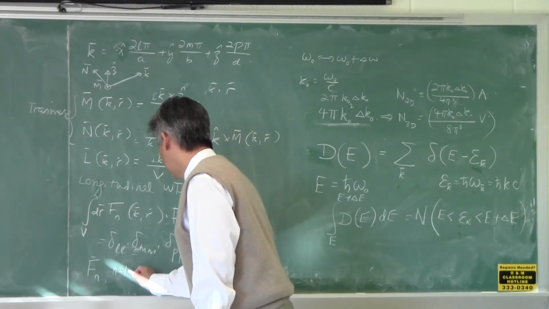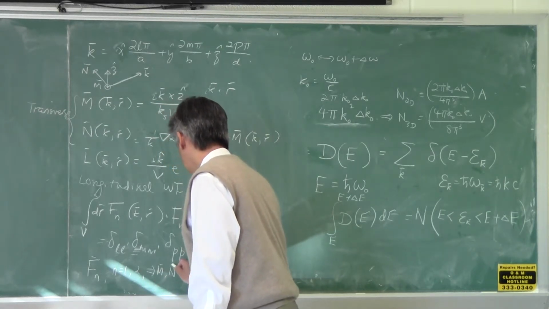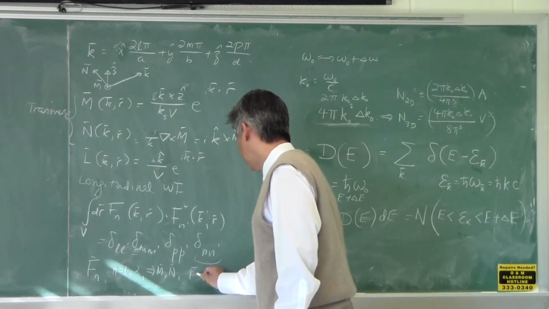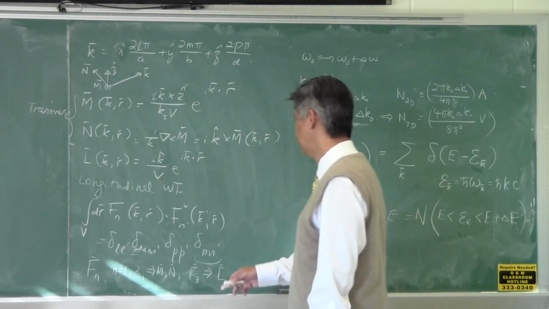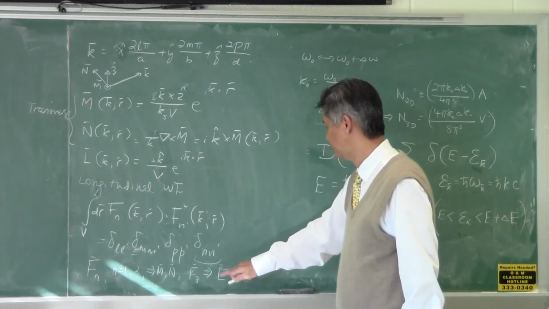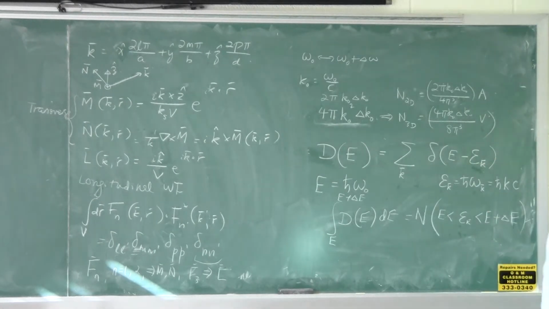So F_n, where n is equal to 1 or 2, represents M and N. I'm going to use this notation: F3 represents the L modes. I'm going to use this subscript n to represent these 3 different kinds of modes that we have. 1 and 2 correspond to the transverse modes, and 3 corresponds to the longitudinal mode.